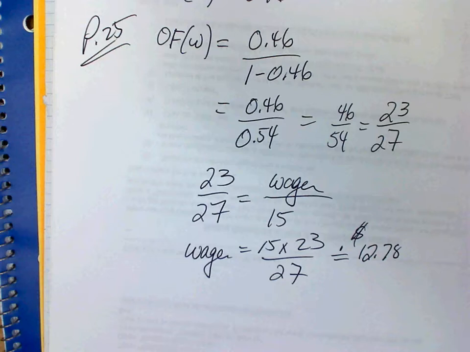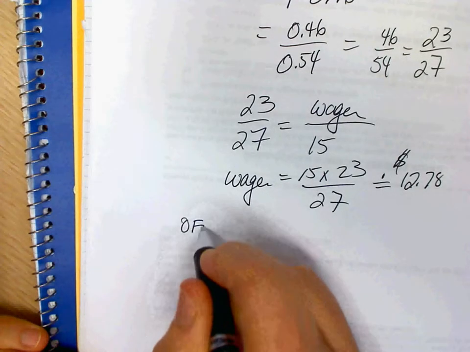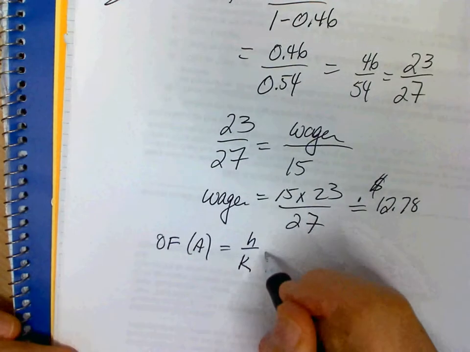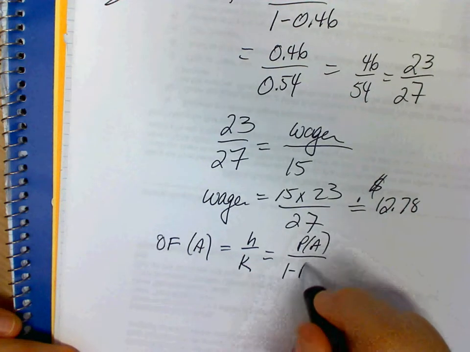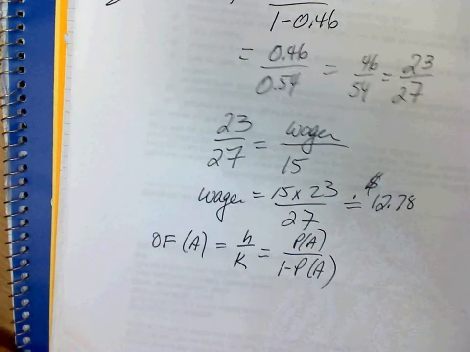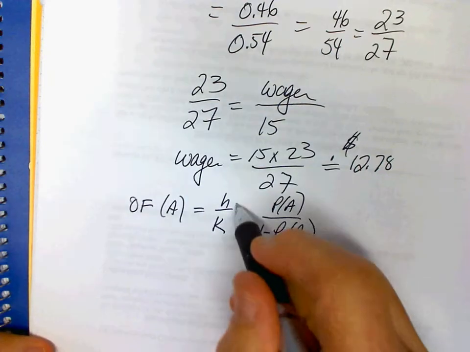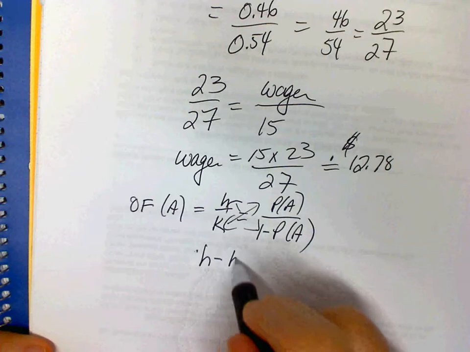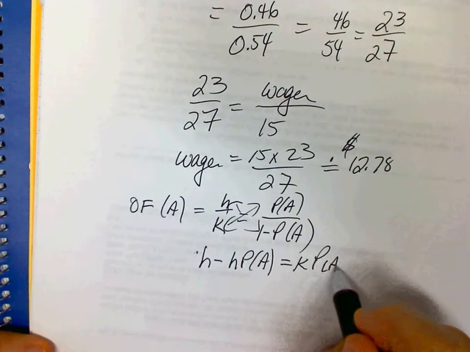Okay, did we want number 5? You know odds in favor of A equals H over K, but you know that equals the probability of A over 1 minus the probability of A. Agreed? Now solve for the probability of A. I'm going to cross multiply. So H minus H times PA equals K times PA.